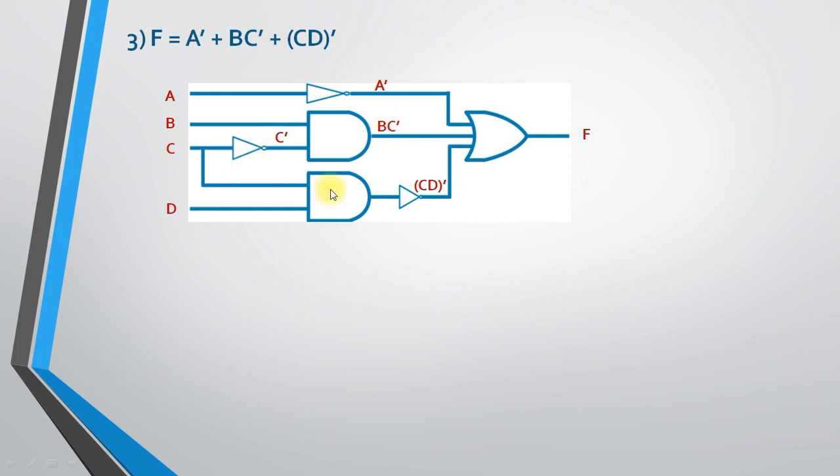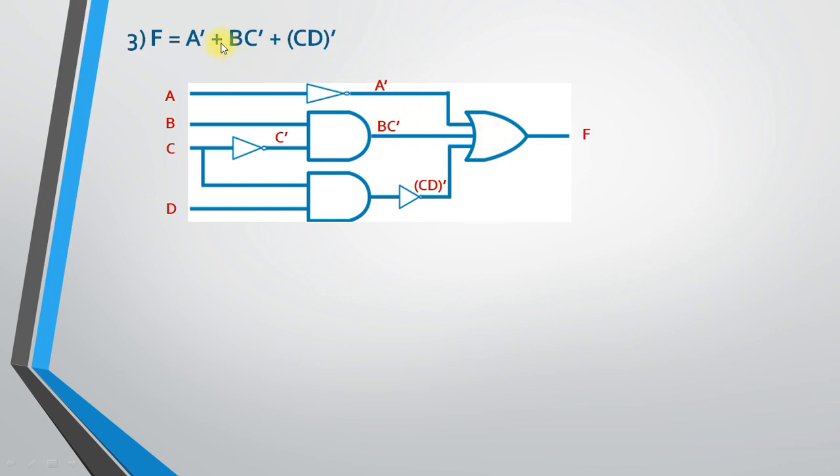In the third, again an AND gate, the value of C is there, the value of D is there. That means there is no NOT gate we have used over here. So with the AND gate, we will get the value of CD. Again there is one NOT gate which returns whole dash sign over here. So all the 3 inputs go inside the OR gate.